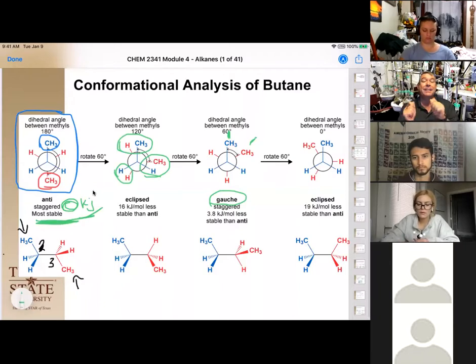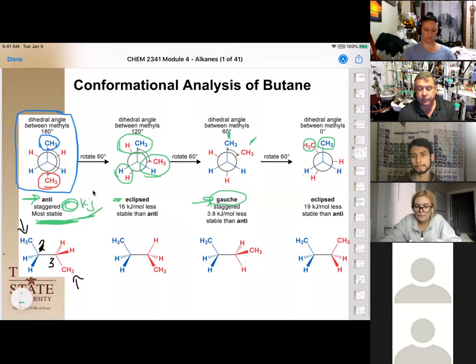So that makes it less stable than the anti. Okay, it's higher in energy, so it's less stable. So we started at anti right here. We went to eclipsed, and then we went to gauche. Okay, now let's go to the extreme where the two methyl groups are now eclipsed on each other. Okay. So with these two methyl groups eclipsed on each other, those are forcing it a lot apart.